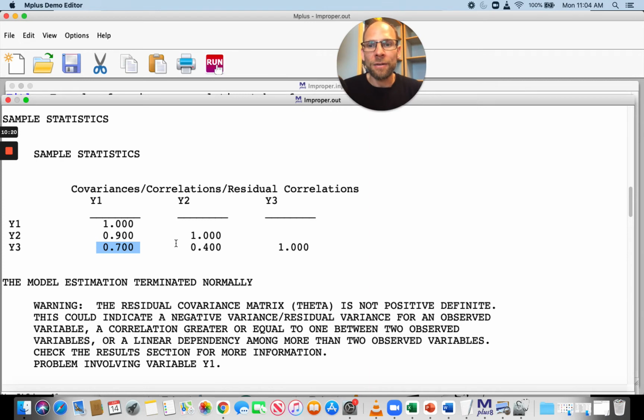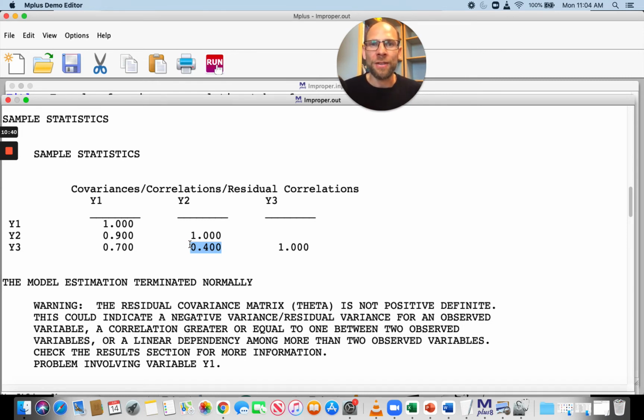But then you can see y2 and y3 are only correlated 0.4. When two measures are only correlated 0.4, does it make sense to assume that they are measures of the same construct, the same factor, like, for example, intelligence or personality or depression? Well, it's more questionable, right? Because 0.4 is not a very high correlation.